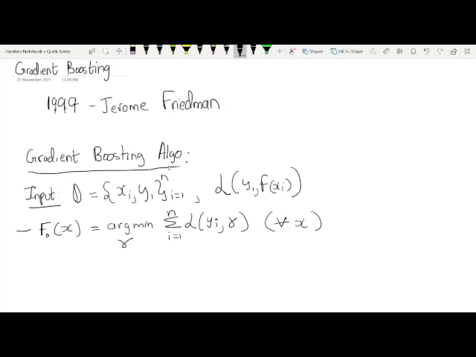So f naught of x is just a constant function, and we'll iteratively try to improve upon f naught of x, just like in the general boosting setting.